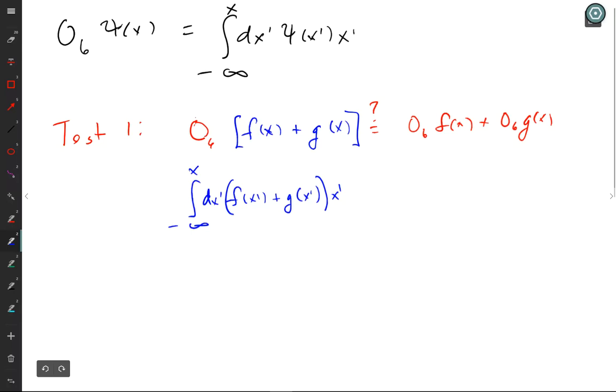Integrals, you can separate them. And so that's this, and then we're checking to see if that equals, well, exactly that.